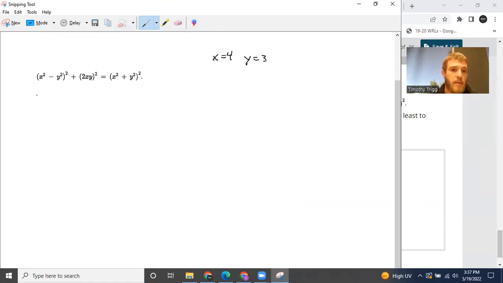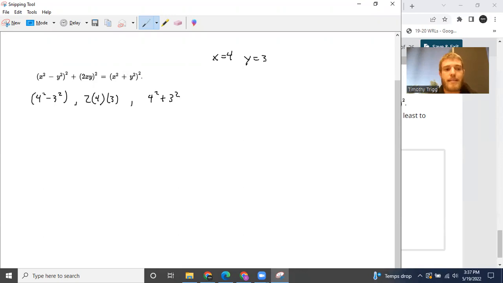So that's going to be 4 squared minus 3 squared. Then we have 2 times 4 times 3 for the next side length. And then for our hypotenuse will be 4 squared plus 3 squared. So these will be our 3 side lengths of the right triangle.